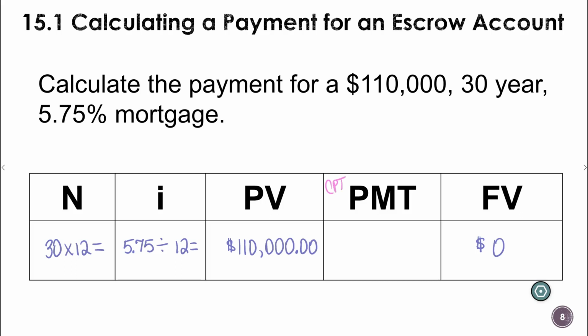And this time our payment, remember you can pause to check yourself on this, is going to be $641.93. Okay, so I'm going to circle that amount because that is the PI portion of your mortgage payment.